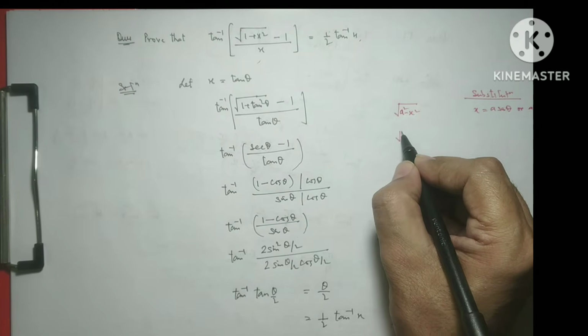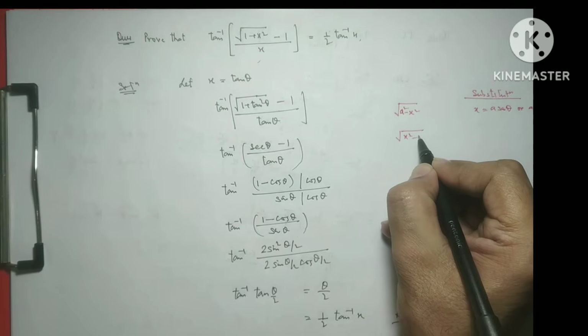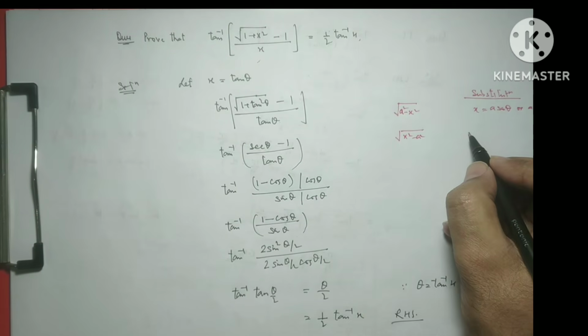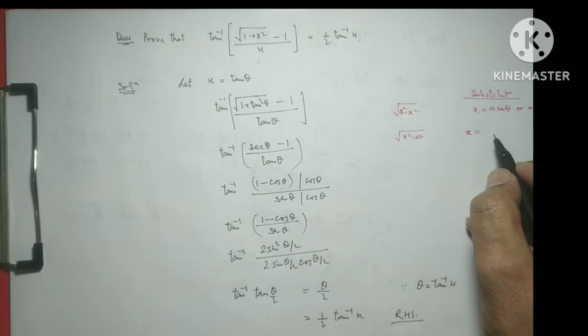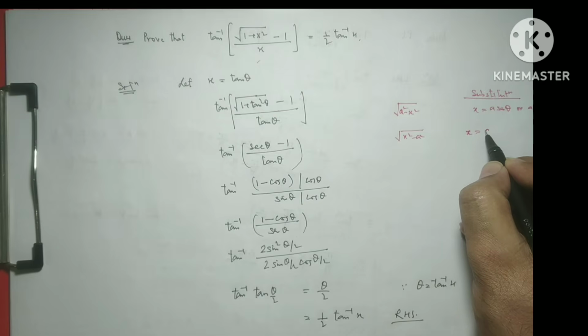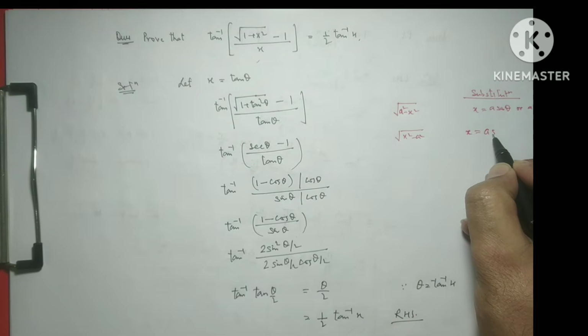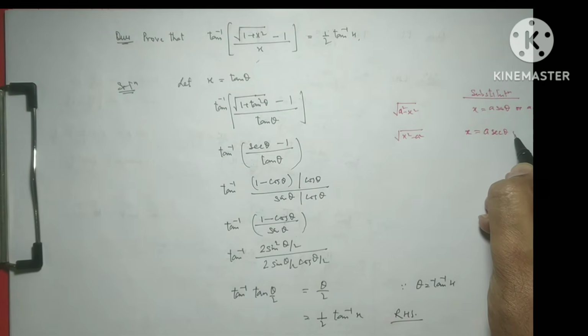If you have x square minus a square, then the expression can be easily simplified by substituting the value of x as a sec theta or a cosec theta.